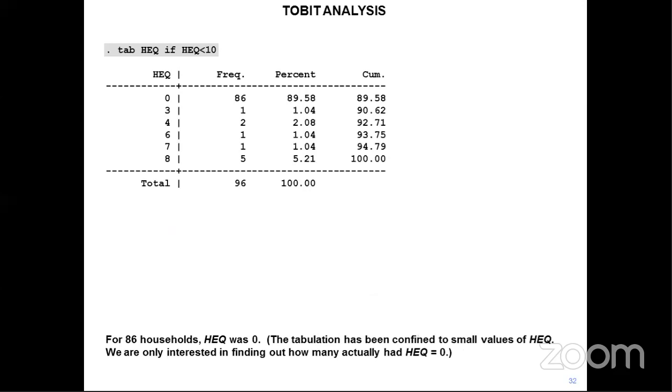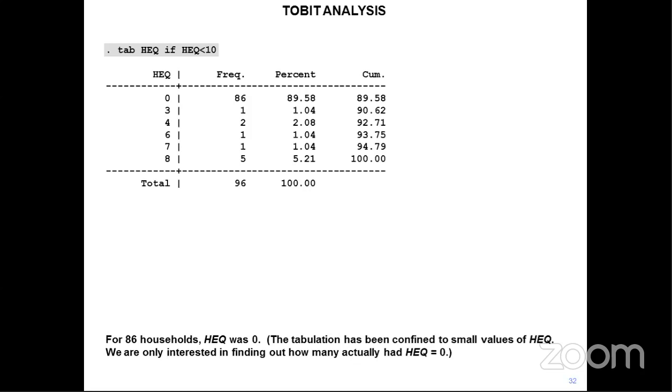If you tabulate this, out of the total number of observations, 86 observations have a zero value, which means they have not at all spent their total expenditure on purchasing household equipment.